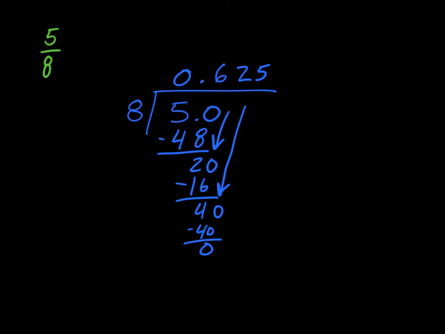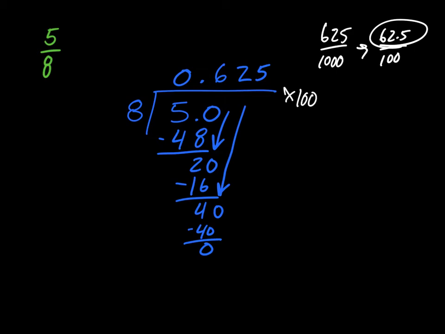And when we do that, we get 625 thousandths, which again, we can write as 625 thousandths and then simplify it to 62.5 over 100 and get our percent that way. Or we can simply multiply it by 100, and when we do that, we're going to end up with 62.5%, which is the same as what we got up above.